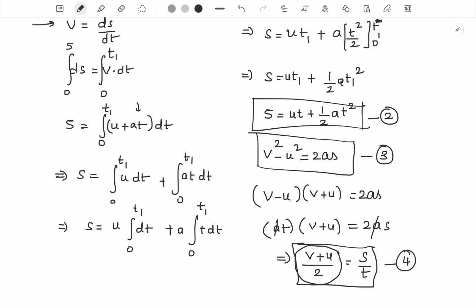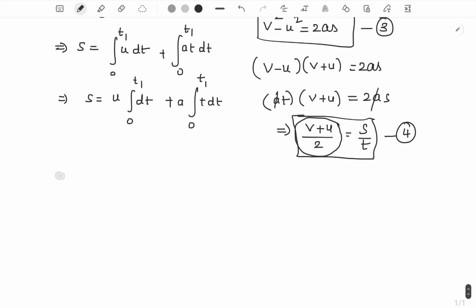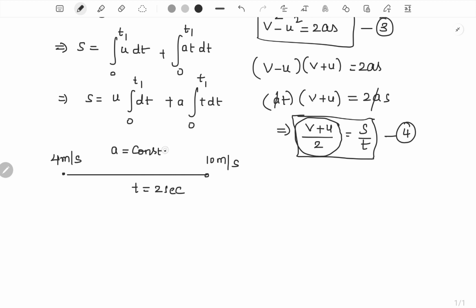For example, let's say they gave you a problem something like this. Let's say a body is undergoing uniform acceleration for a time, let's say 2 seconds, where at the start of the motion velocity was 4 meter per second, and after 2 seconds its velocity is 10 meter per second. In this interval acceleration is constant.